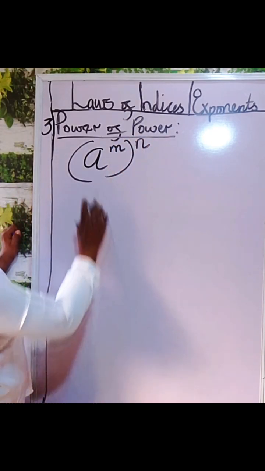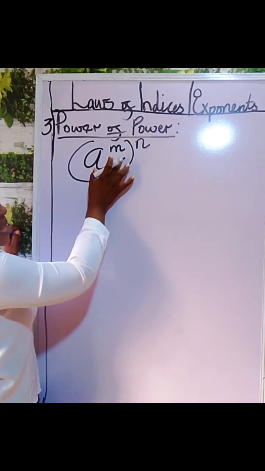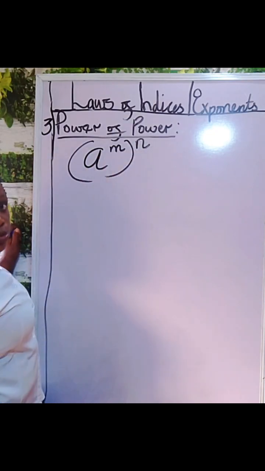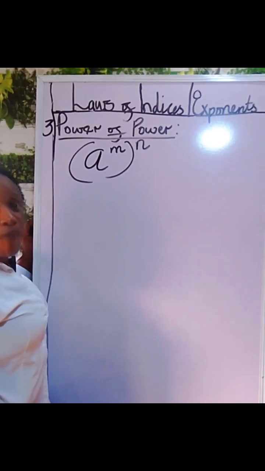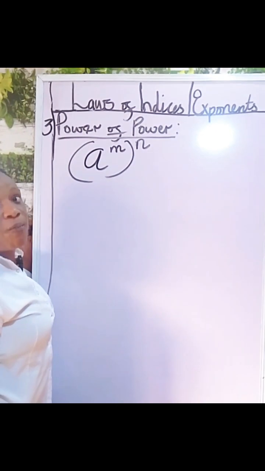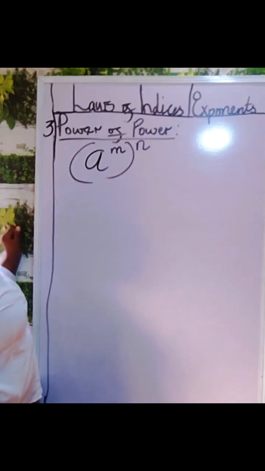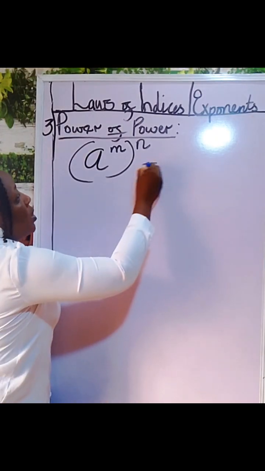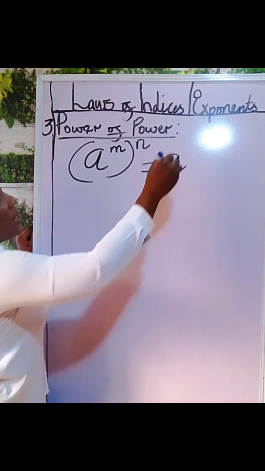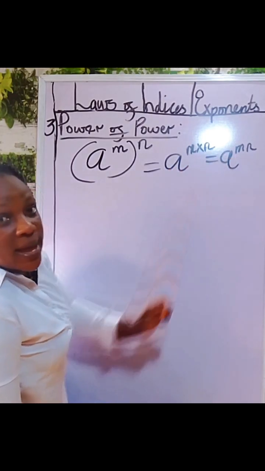That's what we call power of power or bracket of power. When we see something like this, the rule said that we will just write the base and multiply the powers to get A to the power MN.